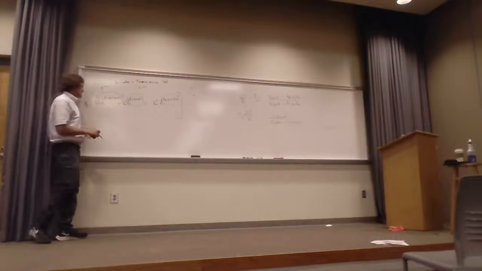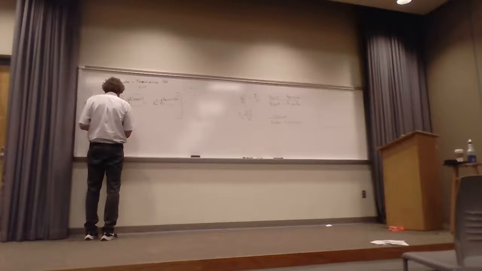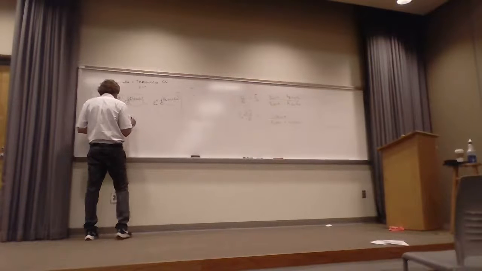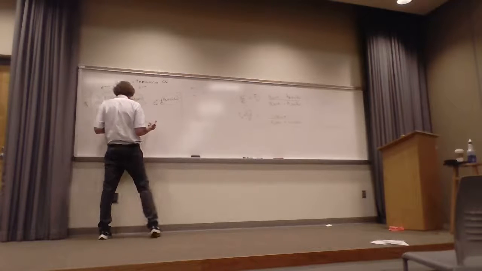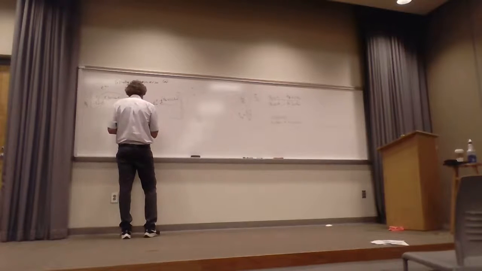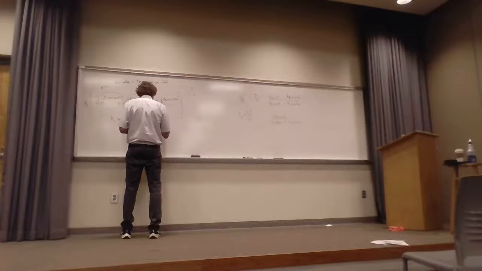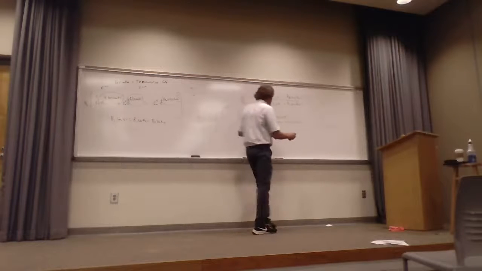So that gives us Snell's law: beta 1 times the sine of theta incident has to be equal to beta 1 times the sine of theta reflected, which means theta incident and theta reflected are the same, and also has to be equal to beta 2 times the sine of theta transmitted. That's how they get Snell's law.